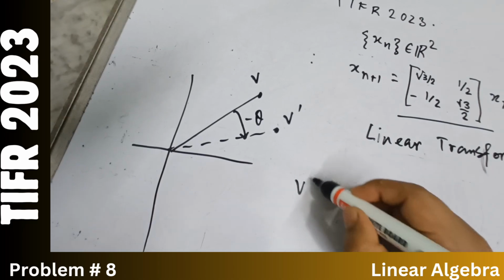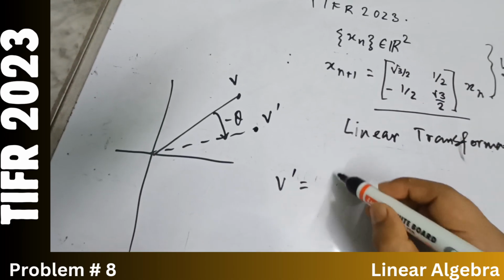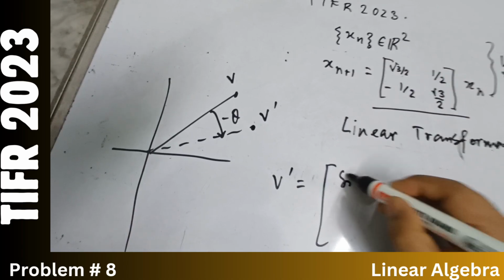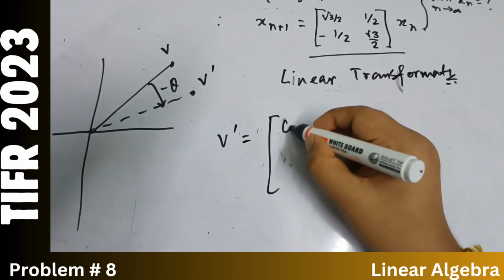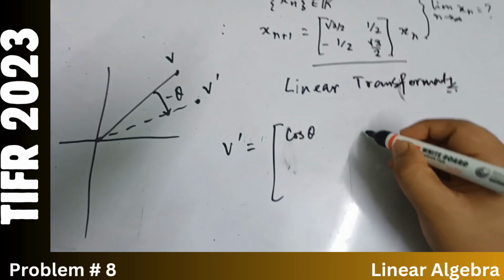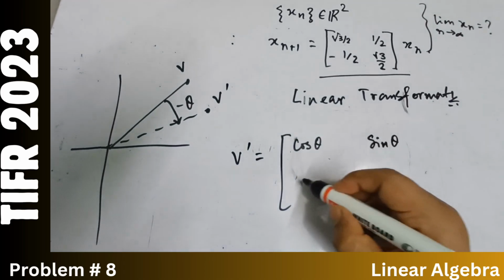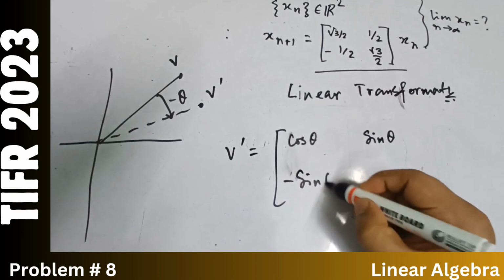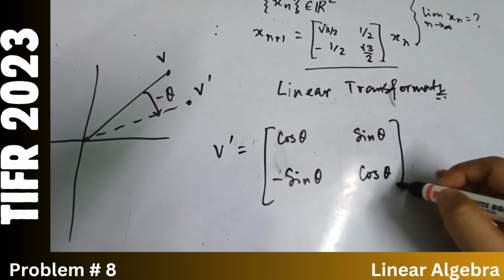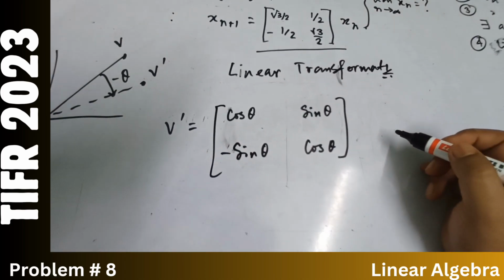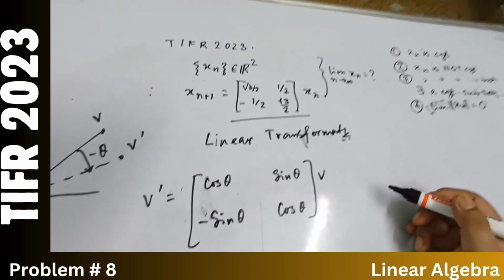The relation between v prime and v is the matrix cosine theta, sine theta, minus sine theta, and cos theta, multiplied into v.